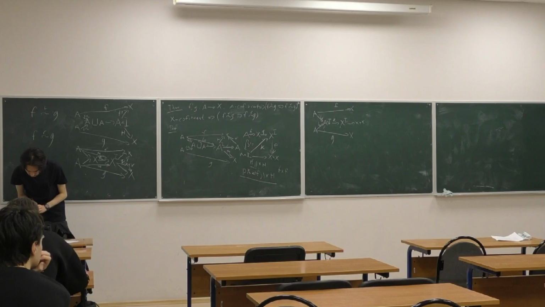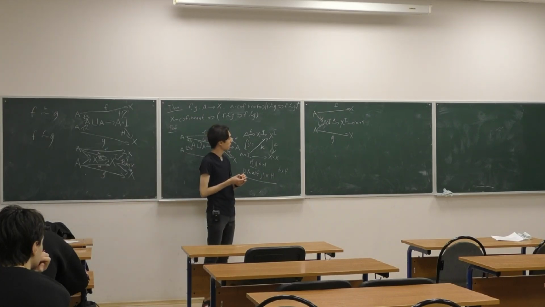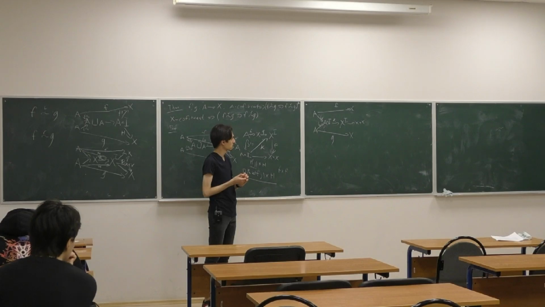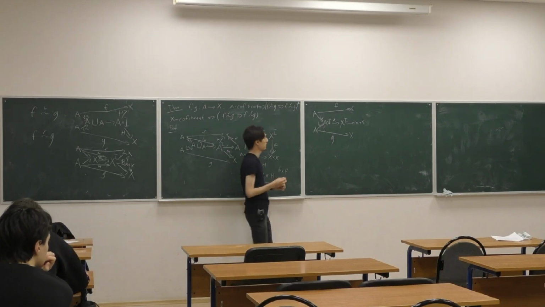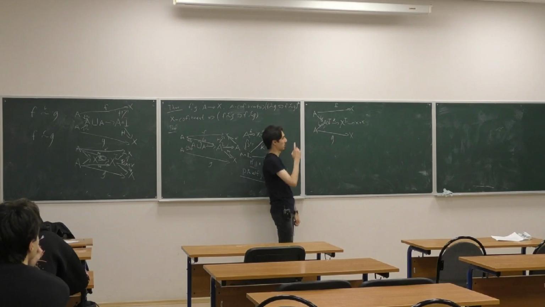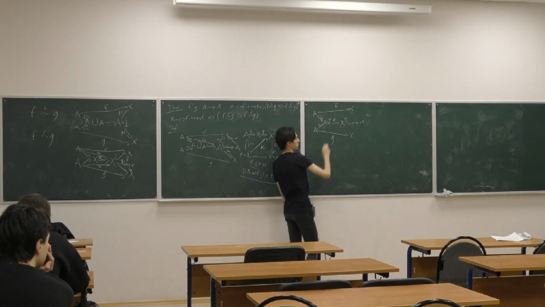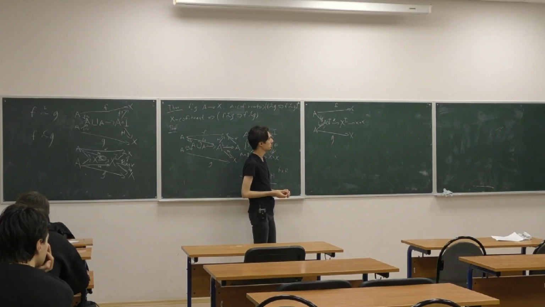I think you have a lift K, an arrow from cylinder object to X. No, we want to have a right homotopy, so we need a map from the path object to X. Okay.